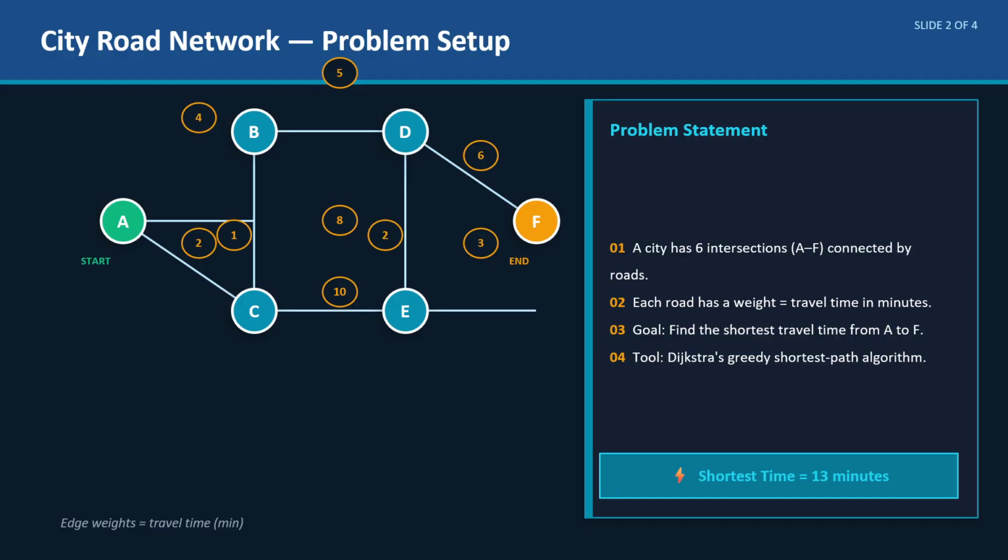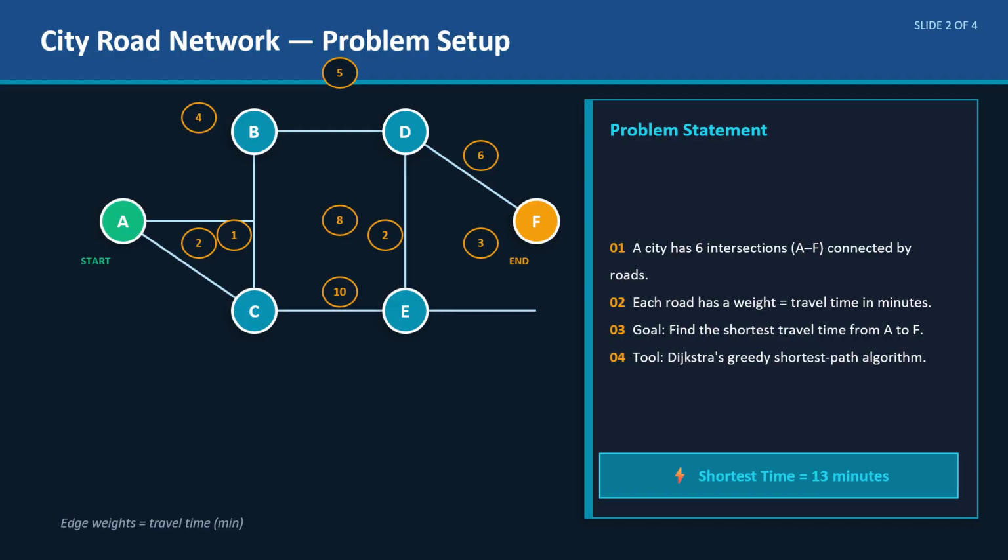So G of 0 comma 1 means 4, which means it takes 4 minutes from A to B, and G of 0 comma 2 means 2, which means A to C, a 2 minute trip.